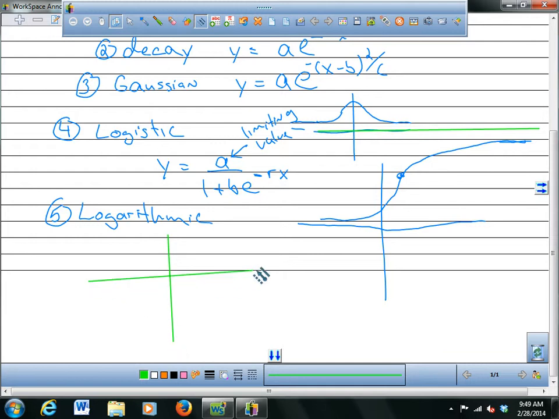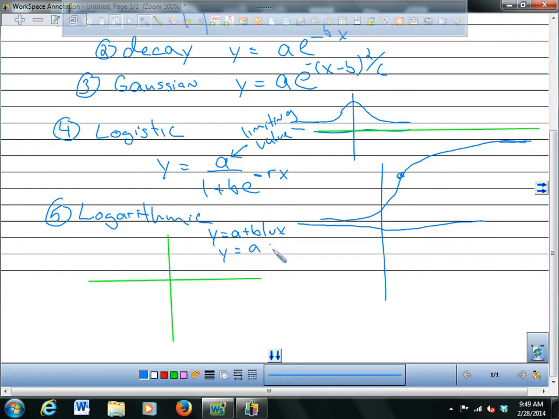They take the form, a little more generally than what we've had, y equals a plus b ln x, or y equals a plus b log x. That says b log x, not log x. And for the most part, those look kind of like that.